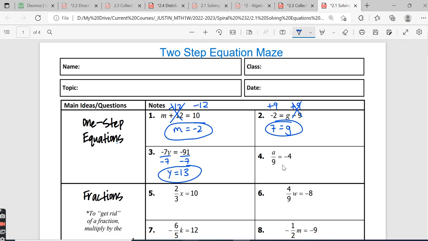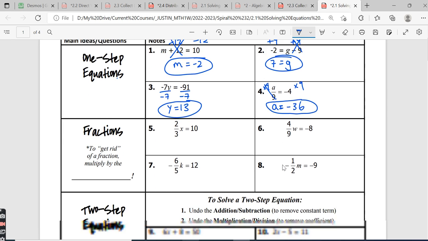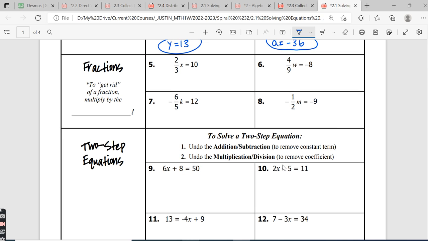Done. Last but not least, the opposite of dividing by 9 is multiplying by 9. So I'm going to multiply this by 9, multiply that by 9. The 9s cancel out. a equals negative 36, because 4 times 9 is 36. Done.